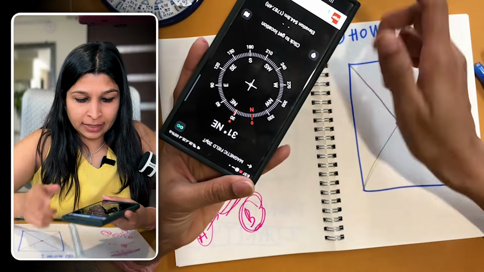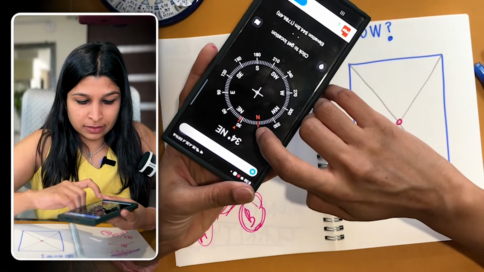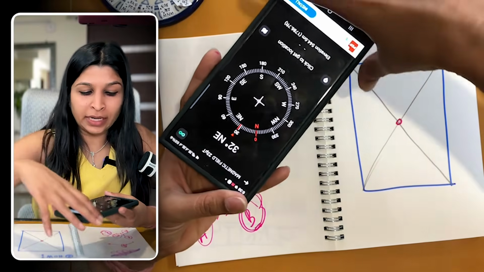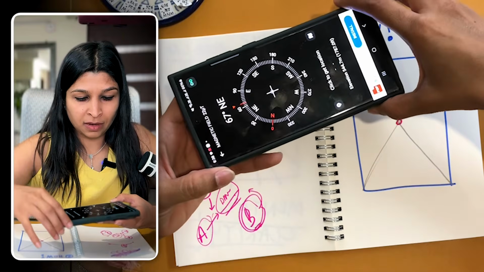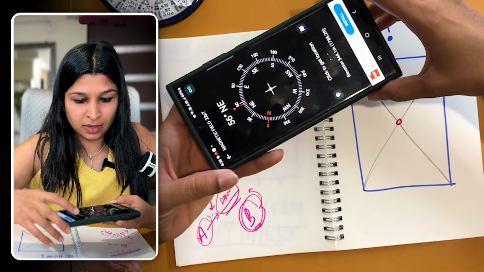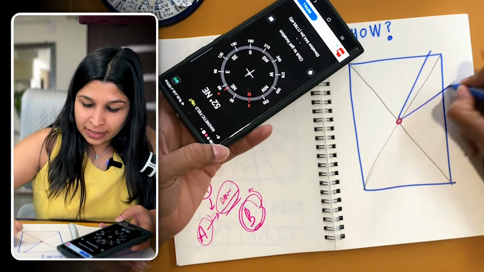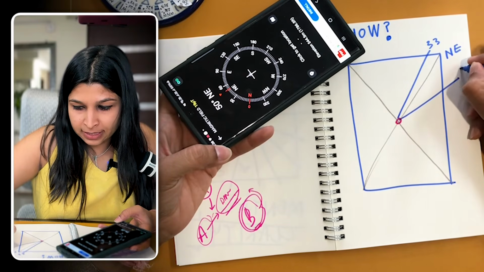Now keep rotating it till it says 56 degrees. So this is where your 33 to 56 is.